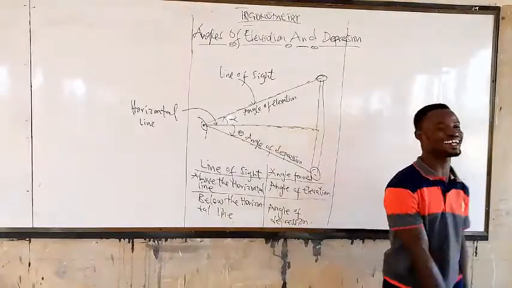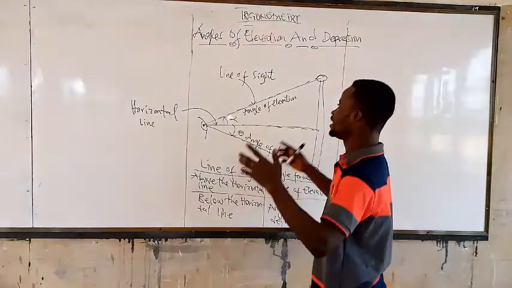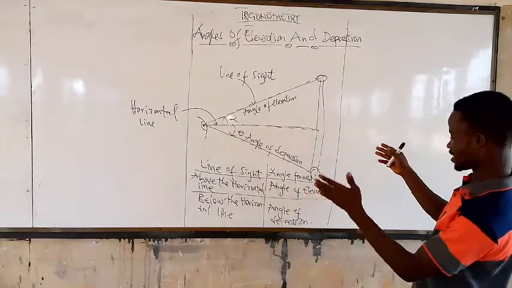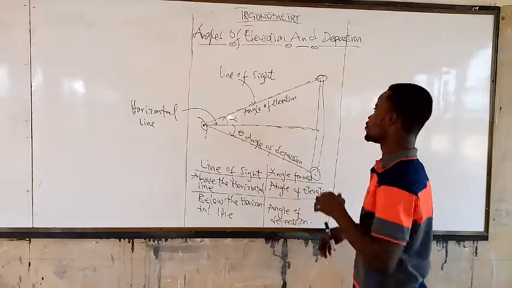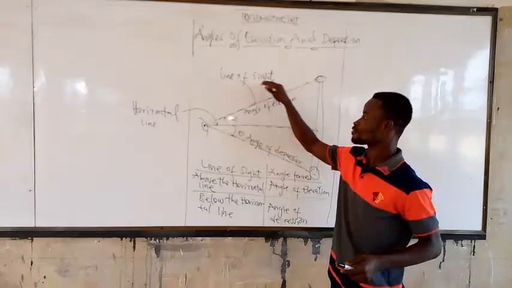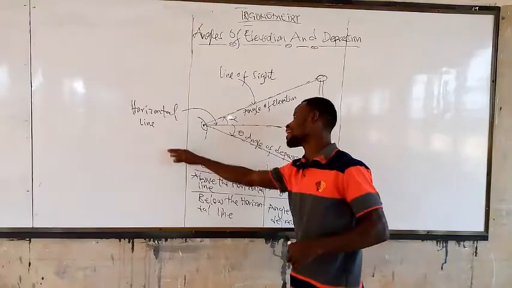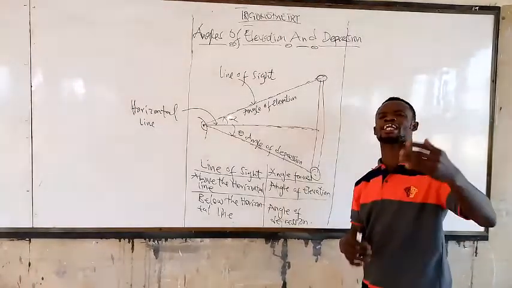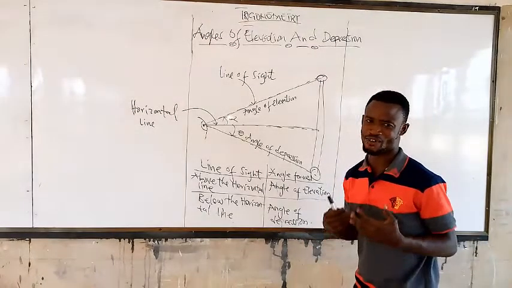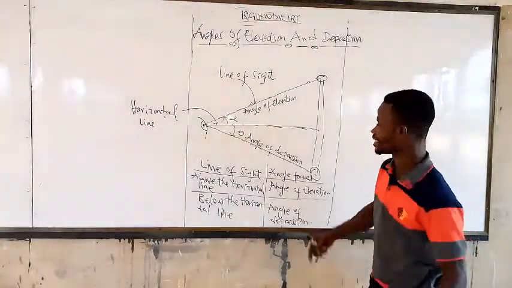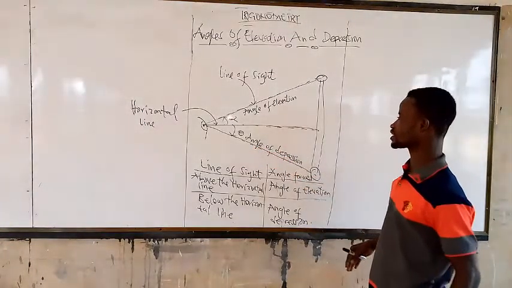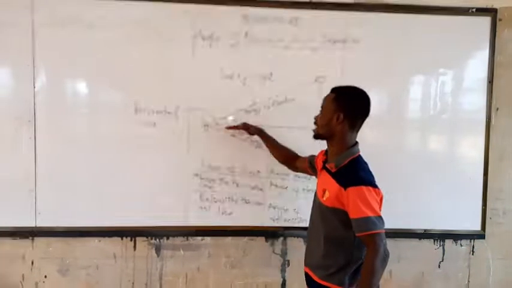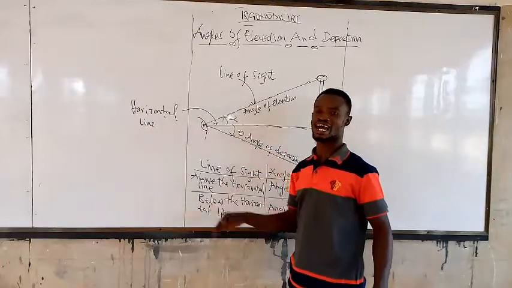Alright, welcome back. So in the video, we have all these descriptions. We say that this is the line of sight. We have the horizontal line. We also know that this is the angle of elevation. In fact, you even understand it better than what I'm explaining. And this is the angle of depression. And the most important thing is the horizontal line.